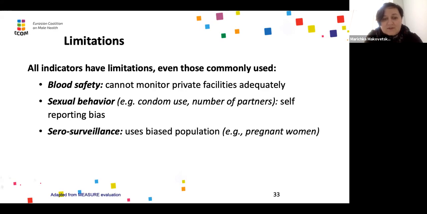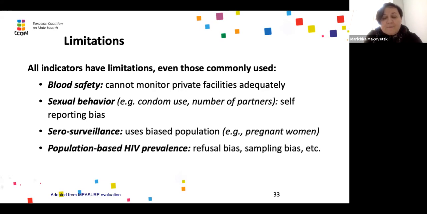Then sero-surveillance surveys use a biased population, for example only pregnant women. This you should also take into account. If you want to have a population-based HIV prevalence survey, you should understand that sometimes you may have refusal bias and sampling bias.